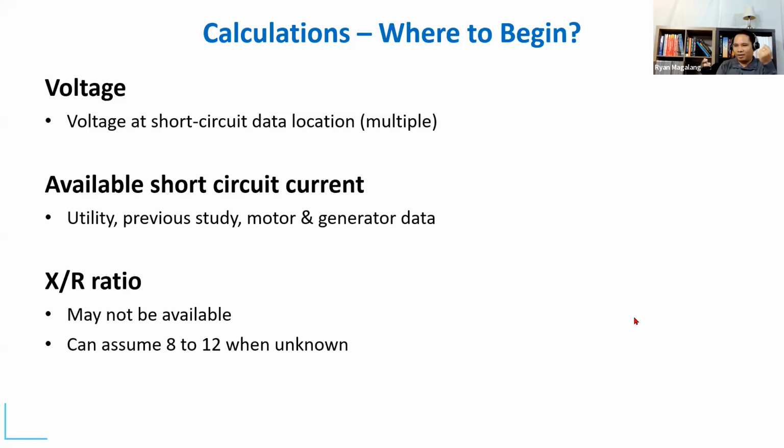So that's why I'm not gonna bother to ask my utility. I'm not gonna bother to investigate because Ryan said use 8 to 12. So please do your best to gather the data, even though I said here assume, gather the data. A more realistic analysis is better.